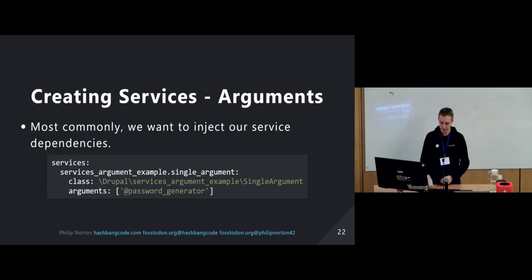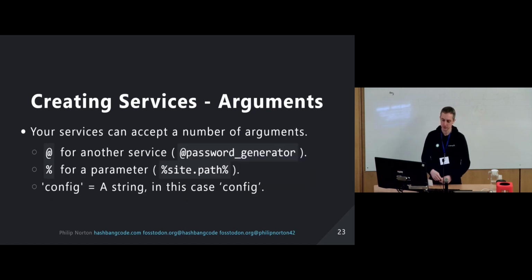There's a few different things you can pass in like this. So you've got a service with an @ symbol in front. You can also create parameters in service files. So at the top of your service file, you might have a parameters list and name some parameters out, and you can get Drupal to change those on the fly through your settings.php file.